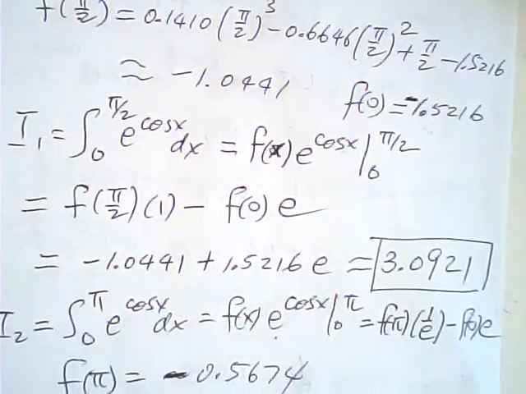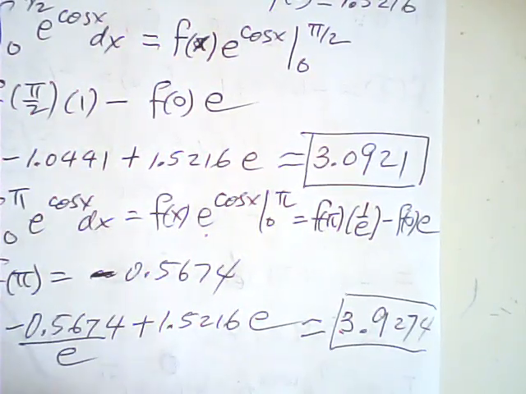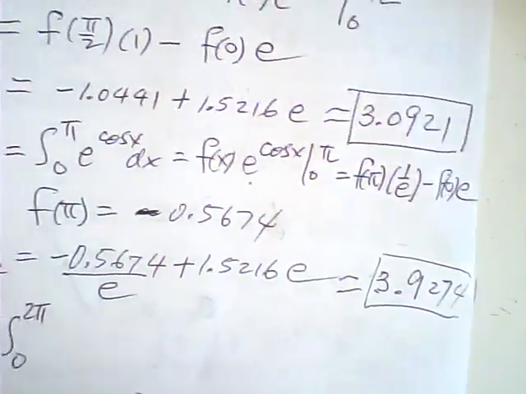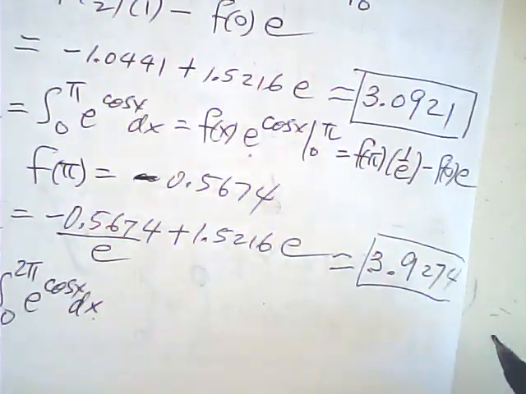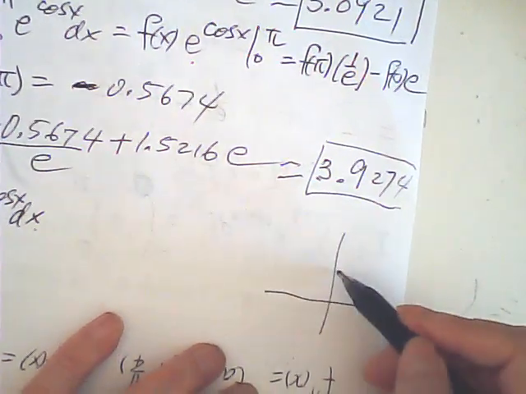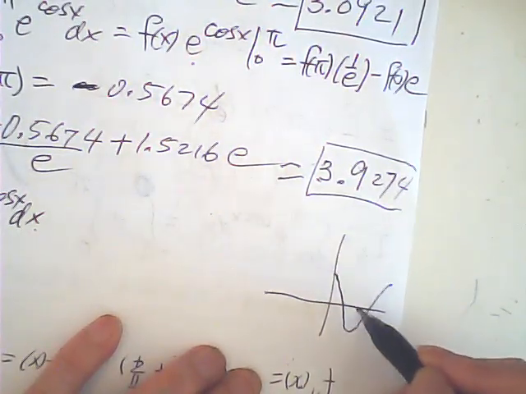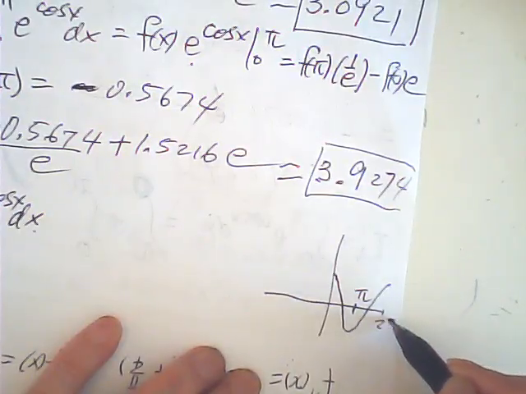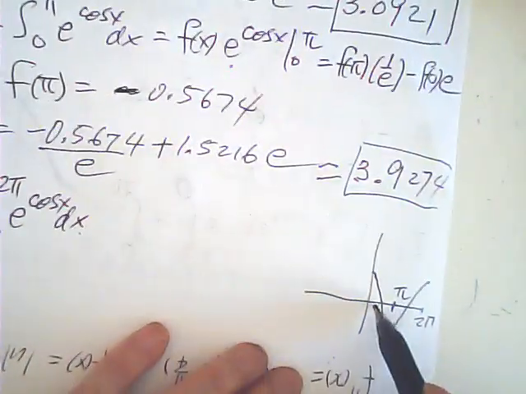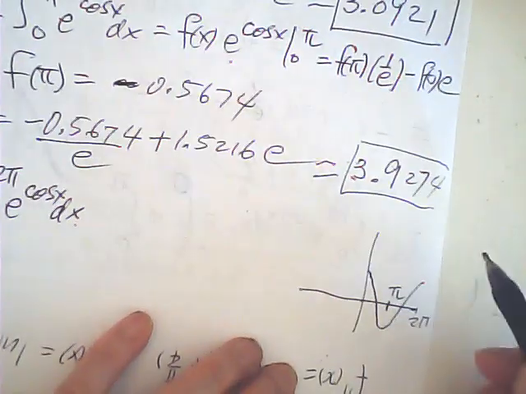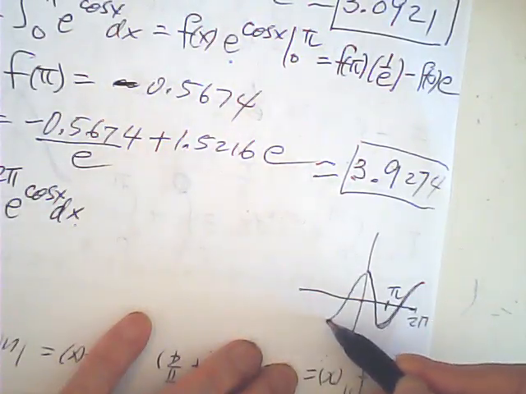Now I3 is the integral from 0 to 2 pi of e to the cosine x dx. Well, we know this is a cosine curve, right? This is pi, this is 2 pi. From 0 to 2 pi, from here to here. As we know, this part is equal to this part.